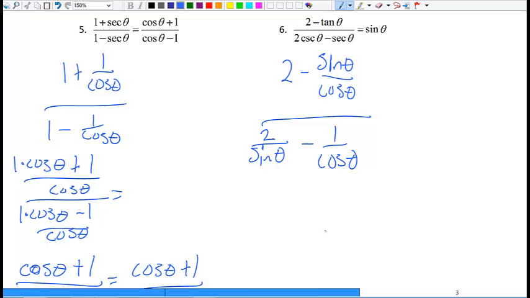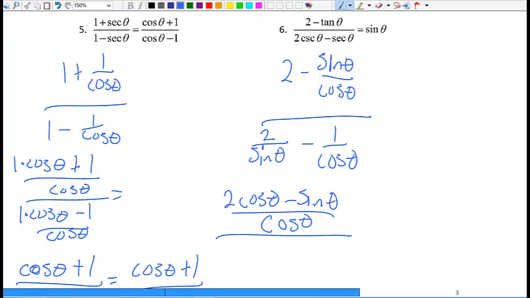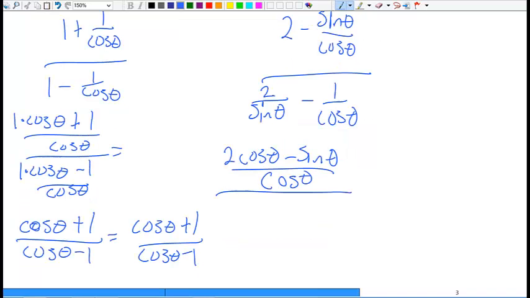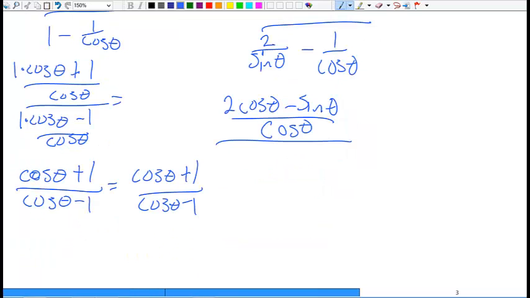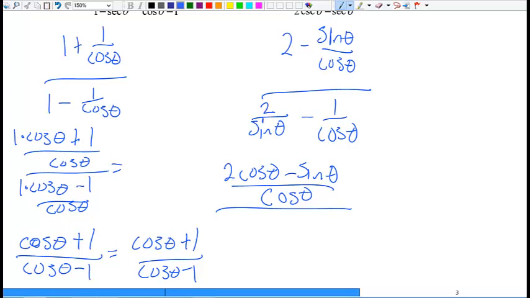So in the numerator, I have a cosine theta as my common denominator. And then the 2 happens to be missing the cosine. So it's 2 cosine theta minus sine theta. Okay. And then in the denominator, let me make that so we can see it.